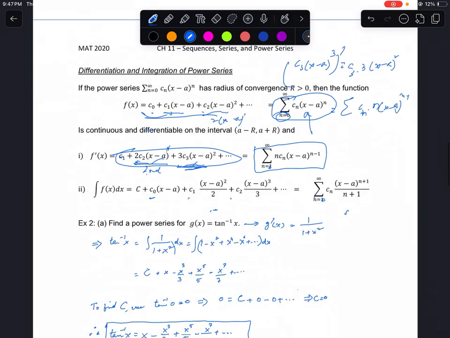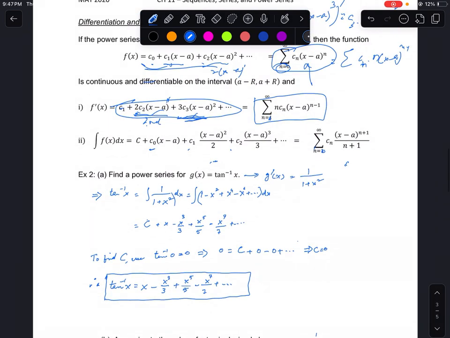Okay, now let's look at one example here. It says find a power series for the function g of x equals tangent inverse x. We notice that the derivative of tangent inverse x is 1 over 1 plus x squared. But what is this? We have seen this recently.